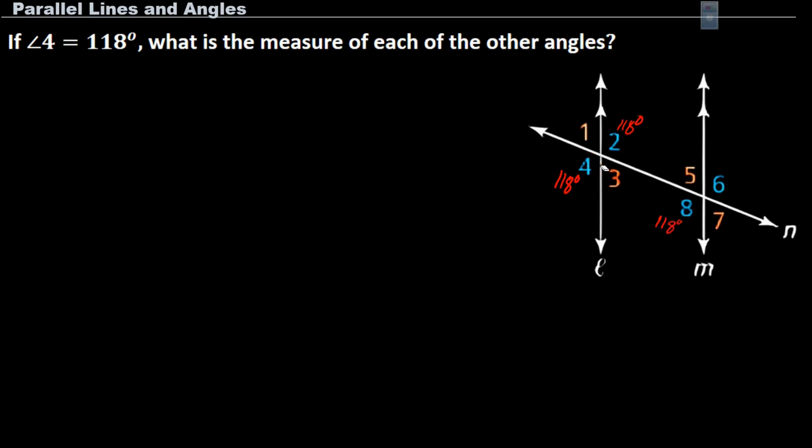And then if we look at angle 6, here's a transversal, we have alternate sides, and they're both on the outside of the parallel lines. So alternate exterior. That means angle 6 is also 118 degrees. Now, if we continue talking about these blue numbers that we have, the relationship between 2 and 8 would be alternate interior because they're on the inside of the parallel lines.